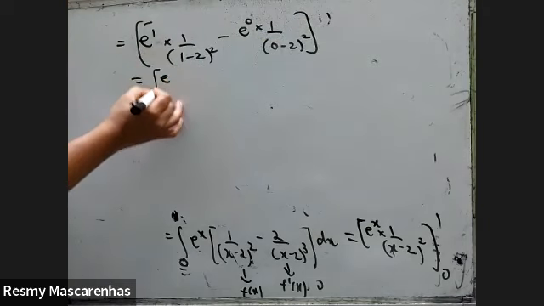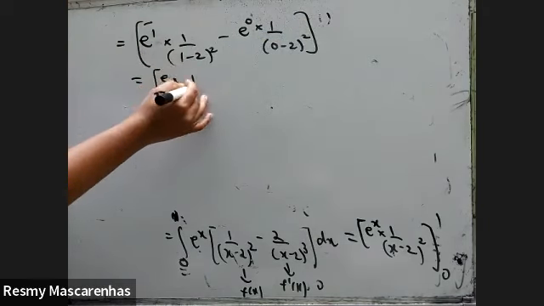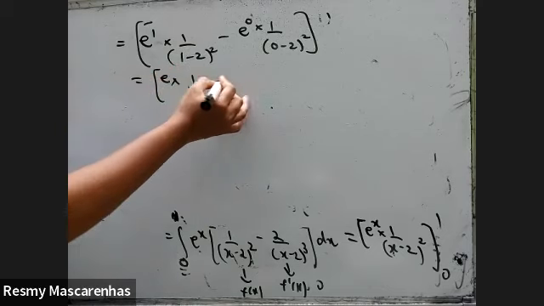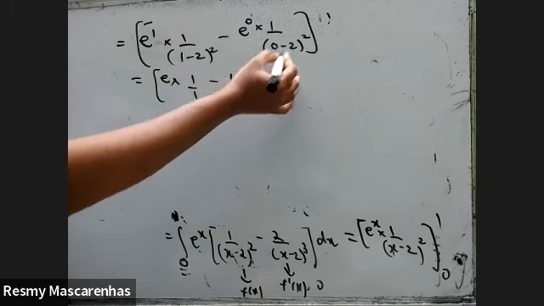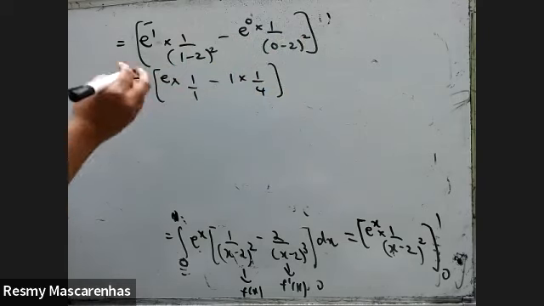E minus 1 the whole square is 1. E raised to 0 is 1. Minus 2 the whole square is 4.